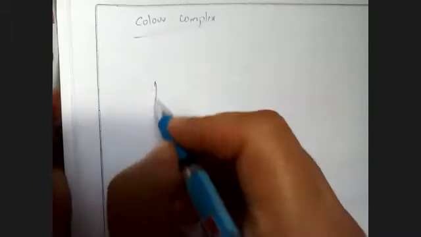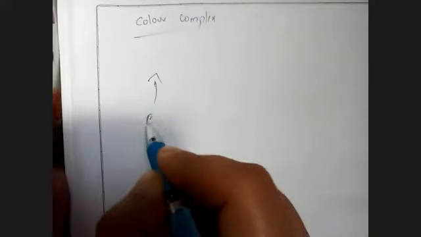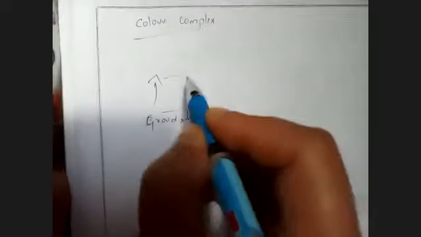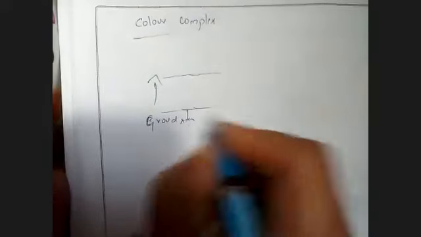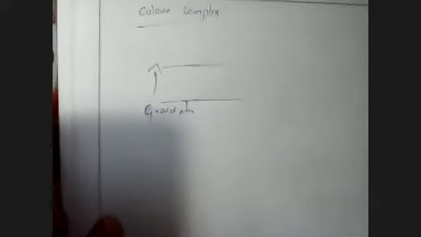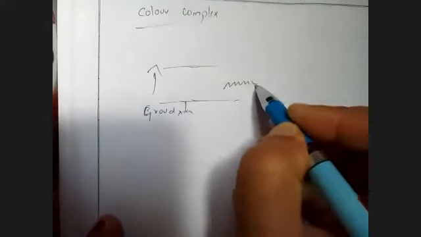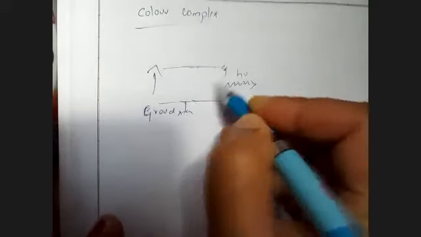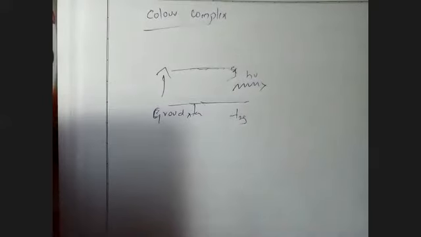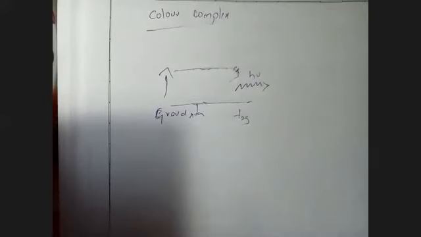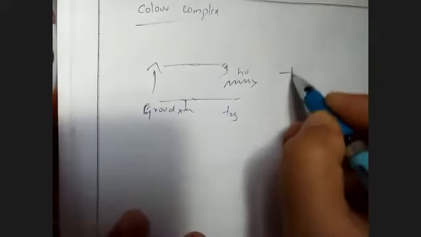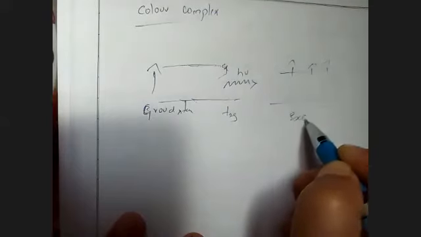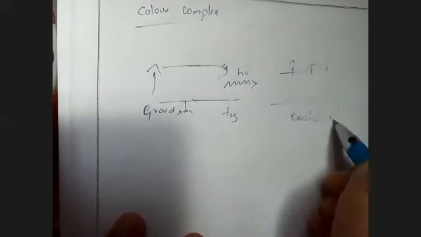So here this is the ground state. The electron present in the ground state will receive the light. First the orbitals receive the light, and as soon as it receives, it emits the light. The emission is called the excited state.